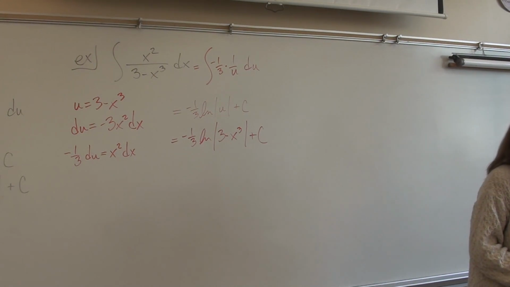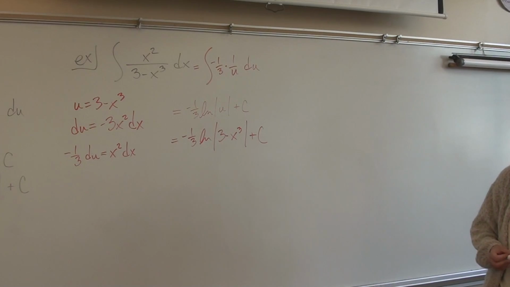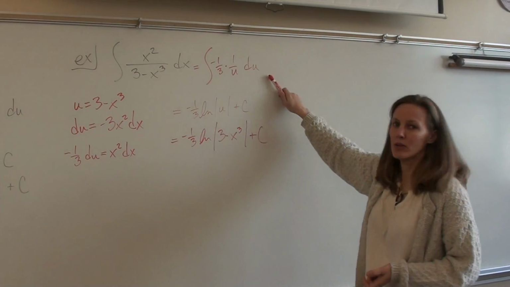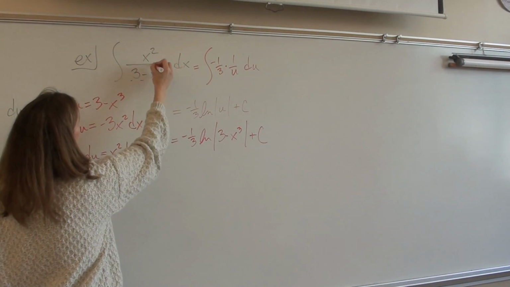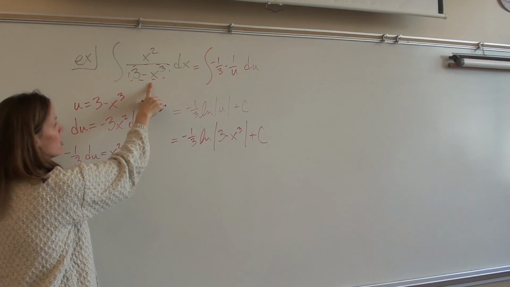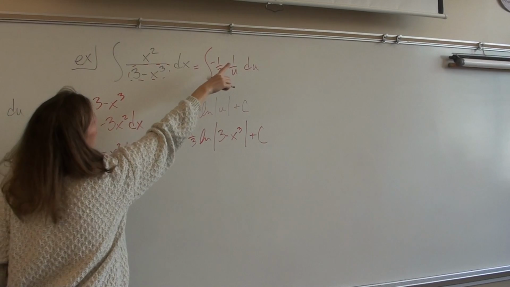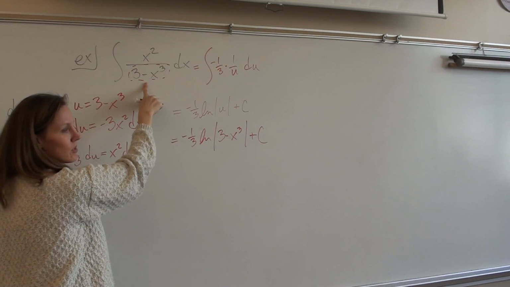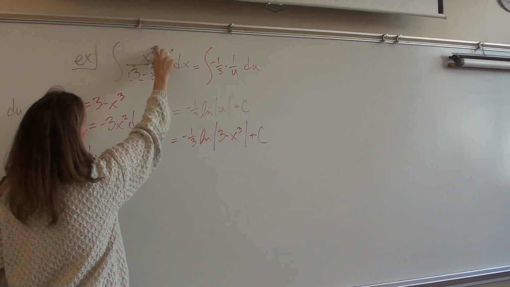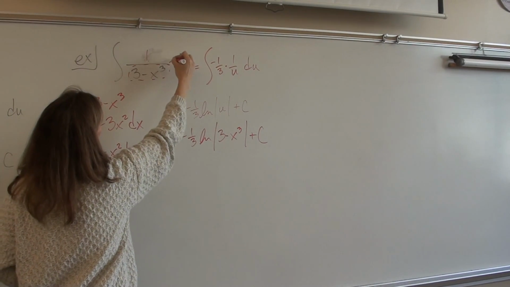Yes? I'm confused how you wrote in the new integral, like at the very top right. Oh, how do I get this? Good question. This right here, that's your u, right? So then this becomes 1 over u, because it's on the bottom. Think of it as this times x squared.